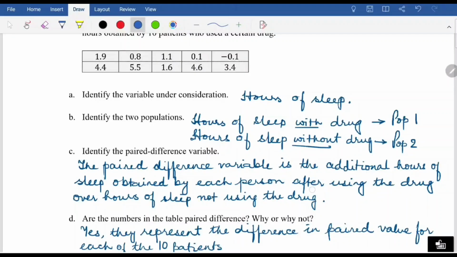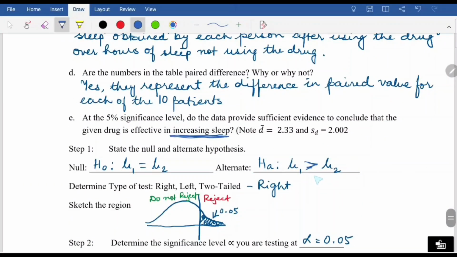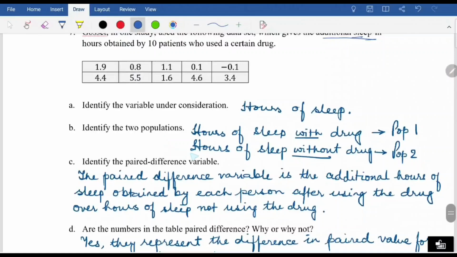So that makes our alternate hypothesis statement valid. Mu 1 was after taking the drug, and mu 2 was before taking the drug. I just wanted to make sure that the alternate hypothesis was stated correctly based on how we had defined the two populations.